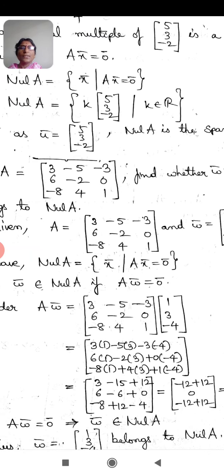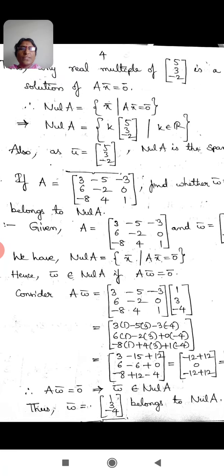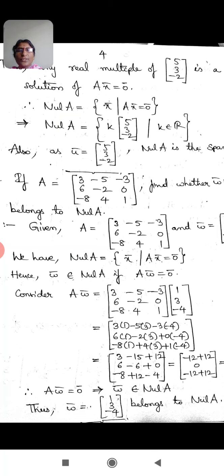So as AW bar is equal to 0 bar, we can say that W bar satisfies the equation AX bar is equal to 0 bar. That means W bar is an element of the null set Null A. In place of X bar we can take W bar, and we have seen that AW bar is equal to 0 bar.